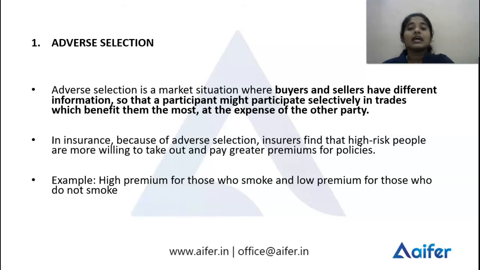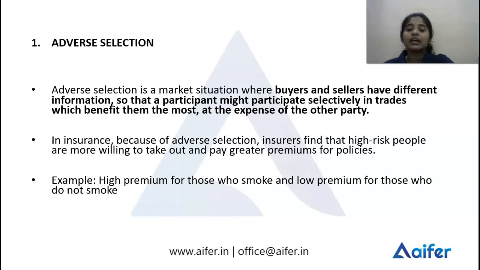So what happens? These people with high risk will be willing to take insurance, and they will also pay greater premiums for policies because they do possess high risks. So that is one aspect where adverse selection happens.